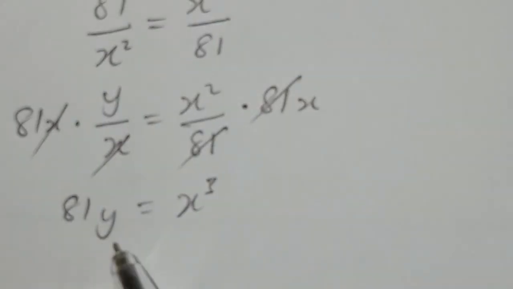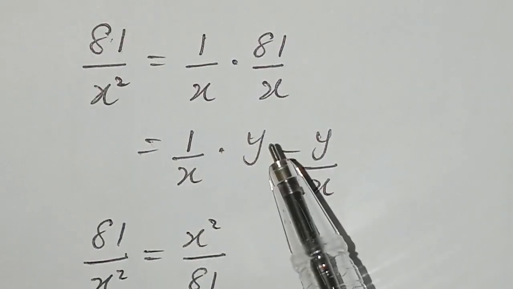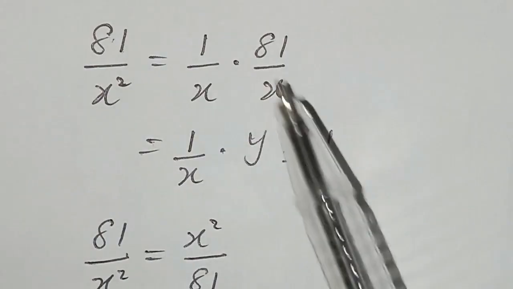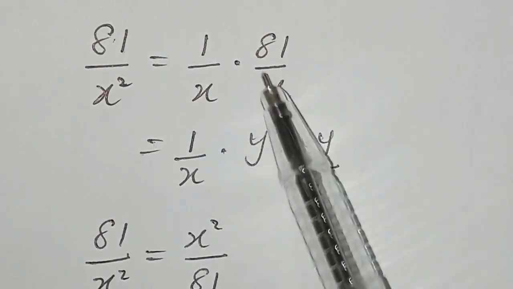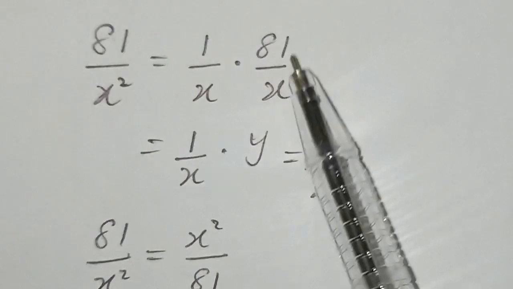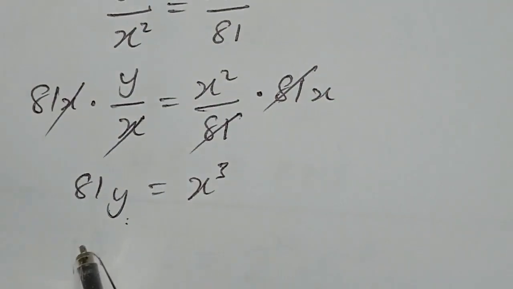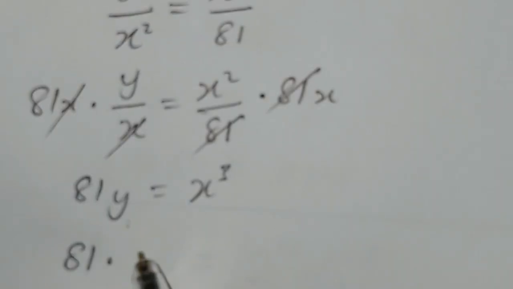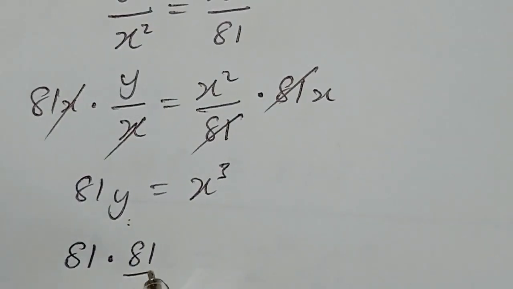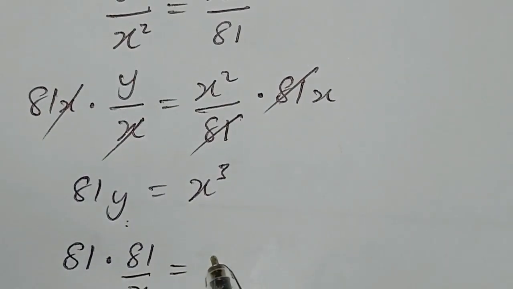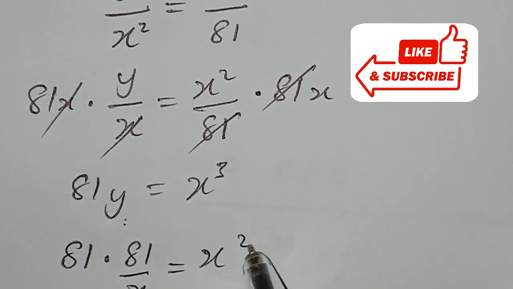Now our y is initially equal to 81 over x, so we substitute that over here. So we have 81 multiplied by 81 over x equal to x cubed.